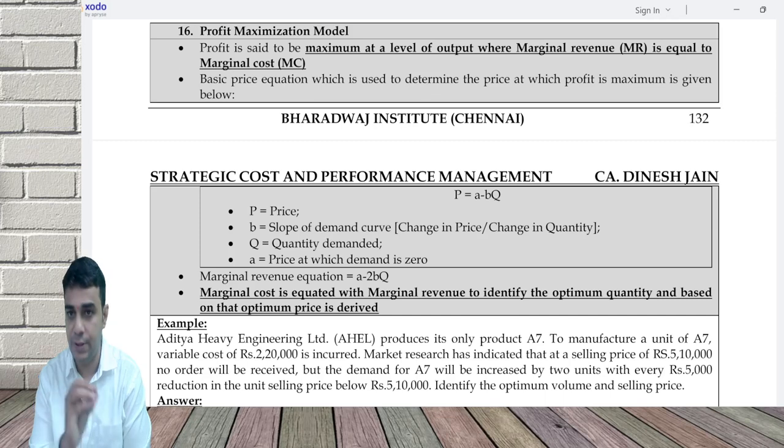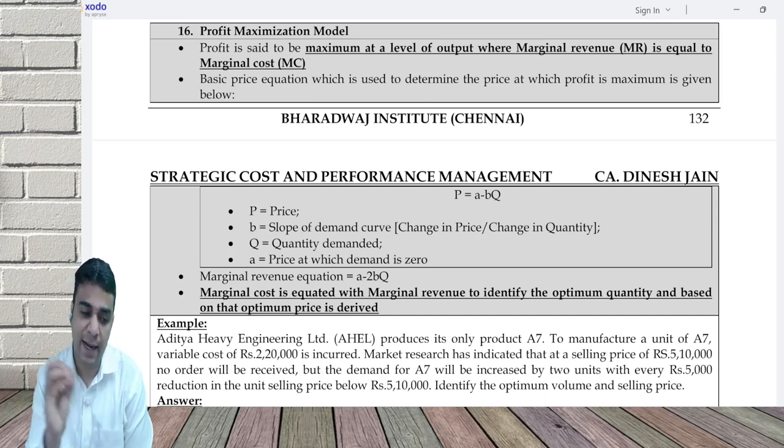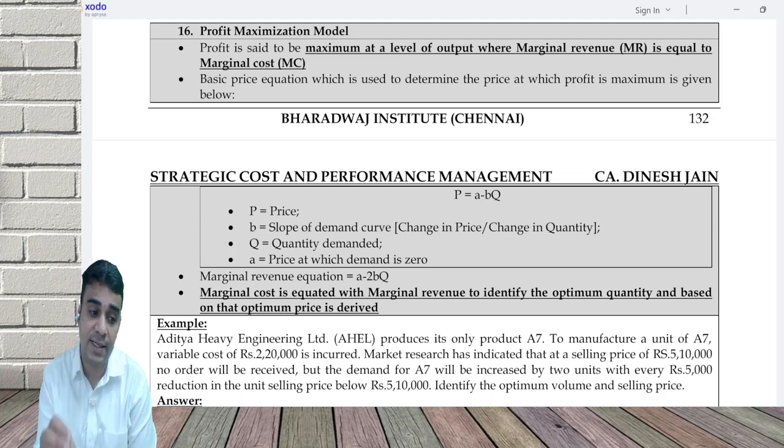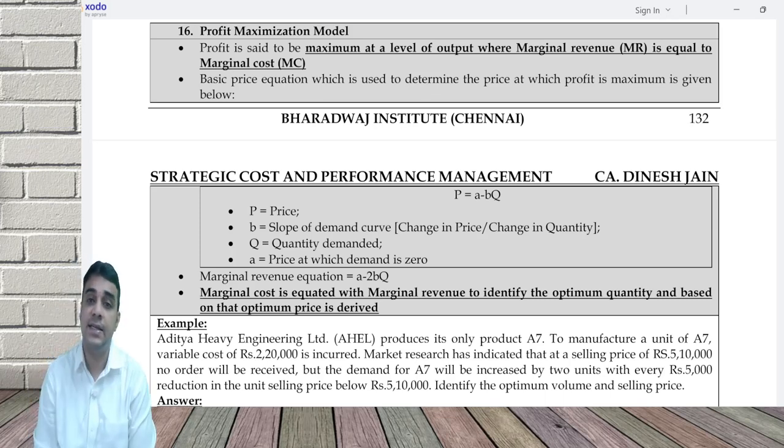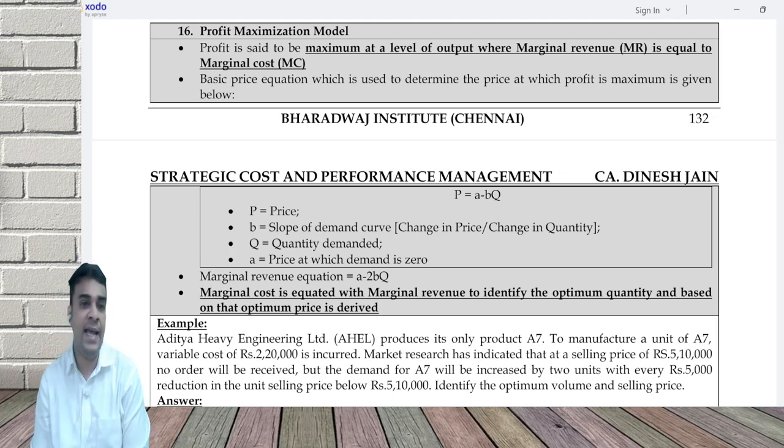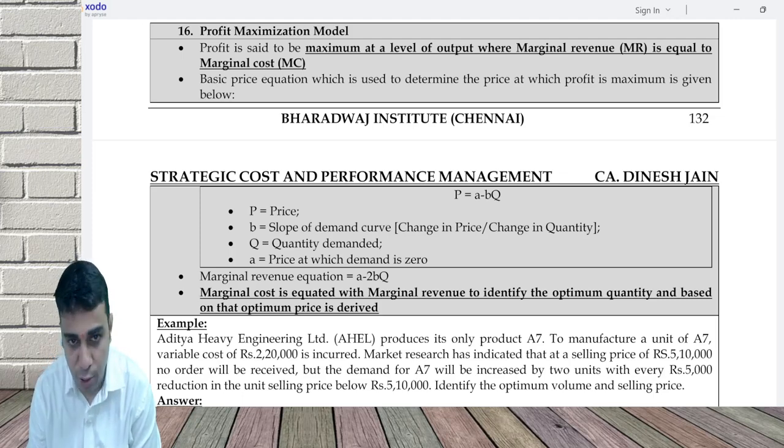Now in this question, what does this 5,10,000 mean? That is the maximum price. Market research has indicated that at a selling price of 5,10,000, 0 will be the sales. So A is given in the question.